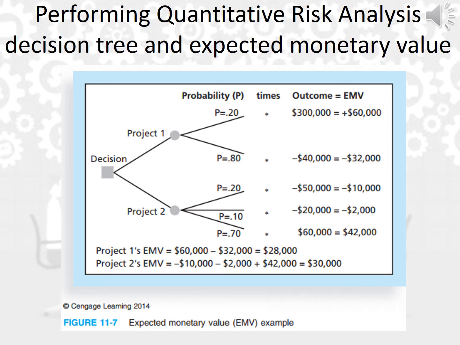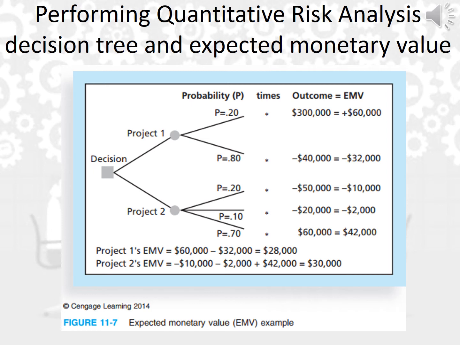You need to implement the expected monetary value, or EMV, formula. The formula says you have to multiply the probability times the outcome, or impact in other references or resources. So you can see that 20%, or 20 divided by 100, multiplied by 300,000 will be equal to positive 60,000.